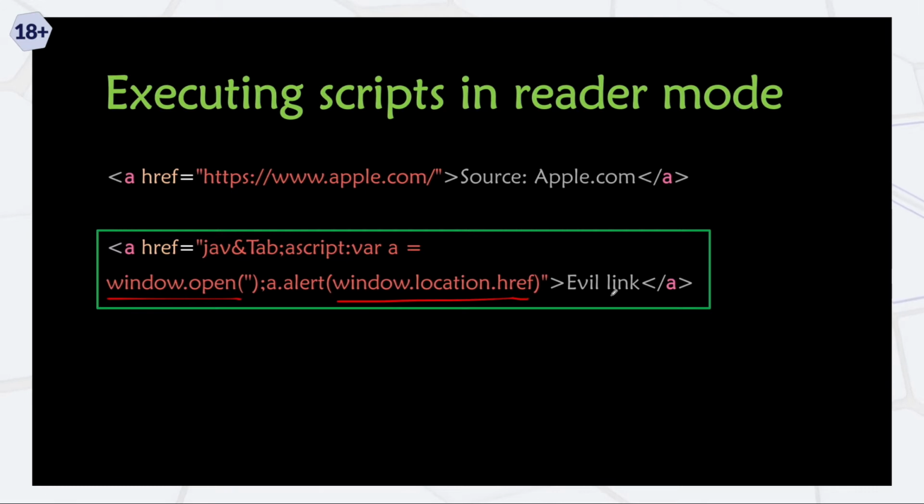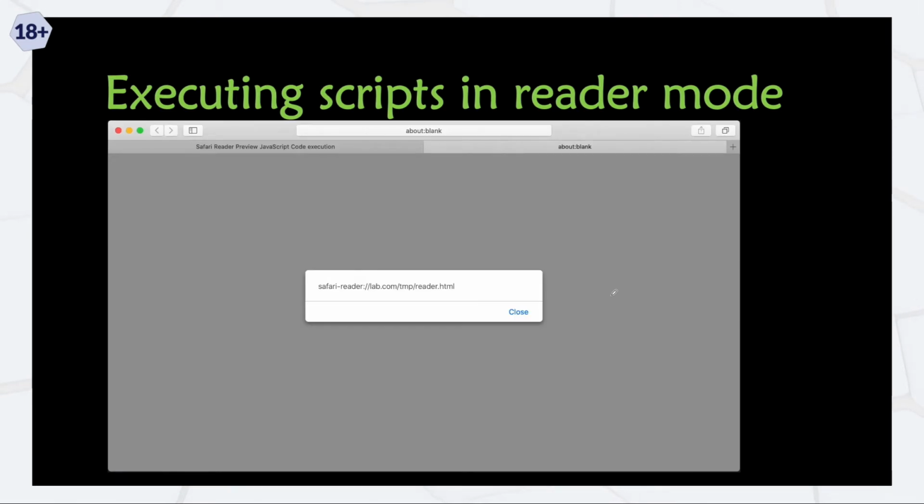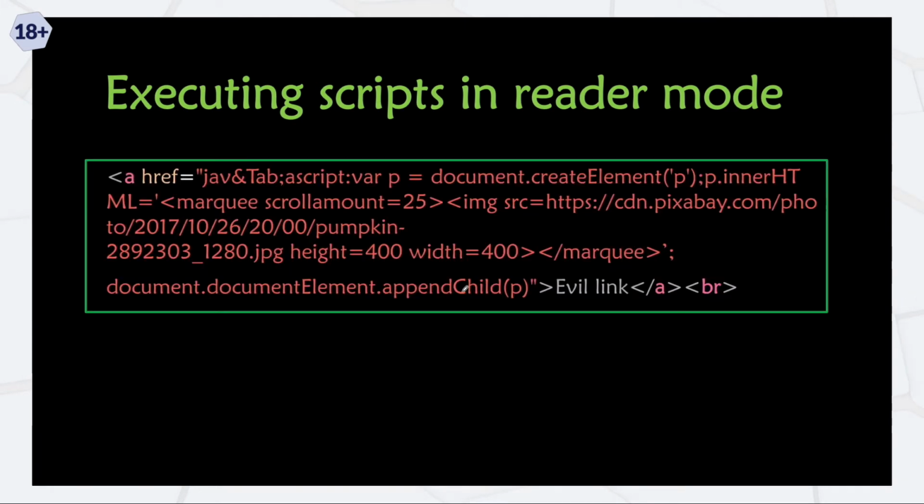As soon as the link is clicked, you will see that we got a pop-up with the current window location which says safari-reader lab.com. The interesting thing to note here is that the origin starts with safari-reader, which is a proprietary protocol used in Safari reader mode. So this was pretty interesting.